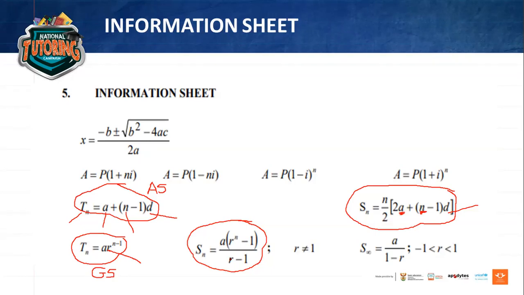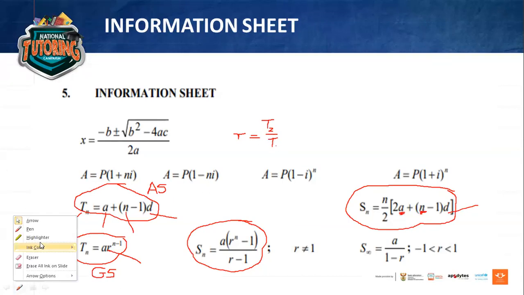Remember, r is the constant ratio. And how do we get r? r is equal to term number 2 divided by term number 1. Please do not forget how to get your r. It's important that you know how to get your r.